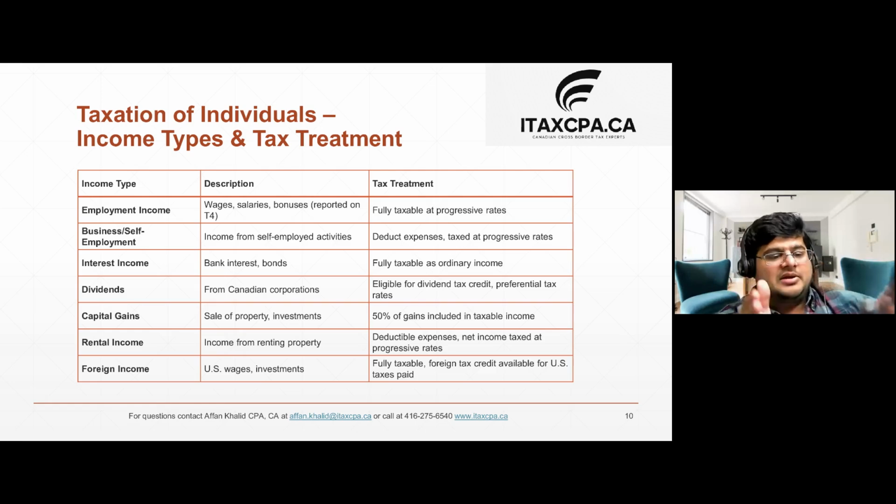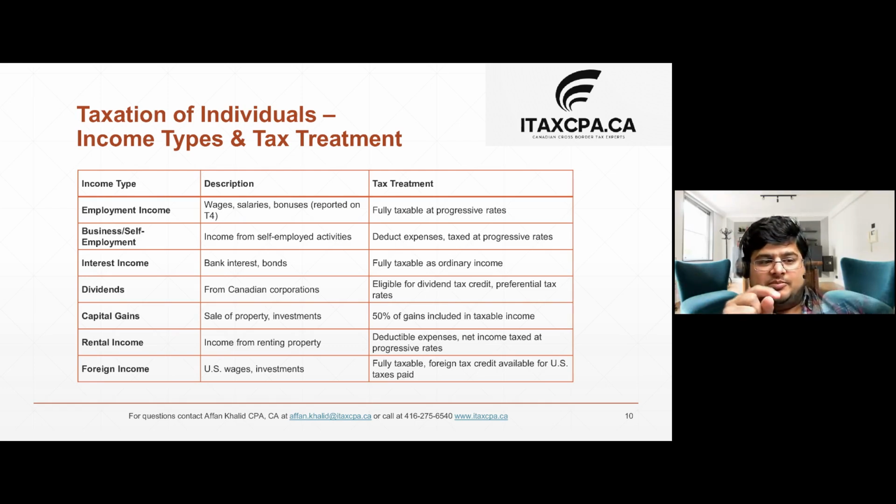The employment income is fully taxable at the progressive rate. I'll share the rates in one of my slides, how the tax brackets are laid out, and how the tax rates will increase as you get into a higher income bracket. Okay, so that's our employment income.